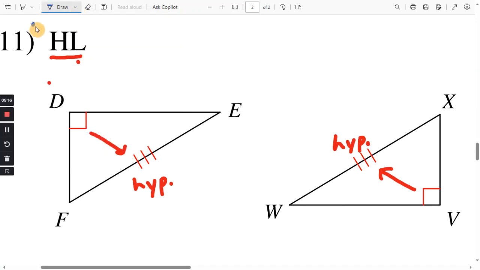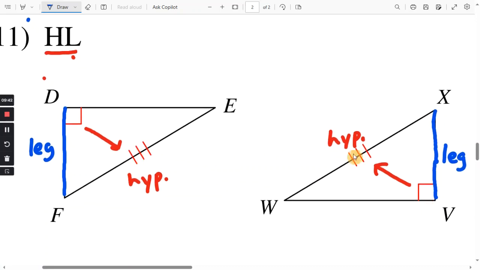If you look at the diagram, anything that's not a hypotenuse is a leg. So this here is a leg, and this right here is also a leg. That is the missing information. We already have the hypotenuses.